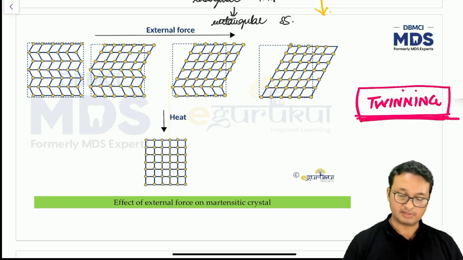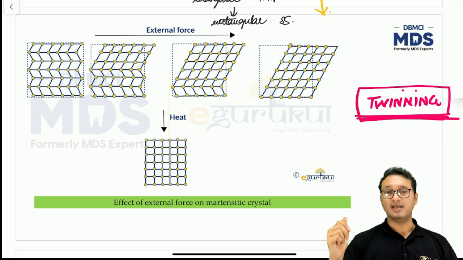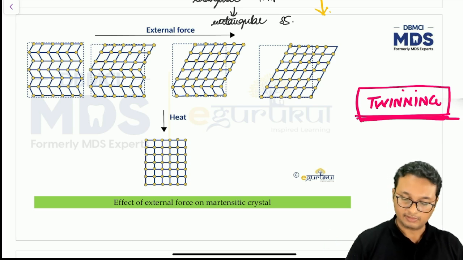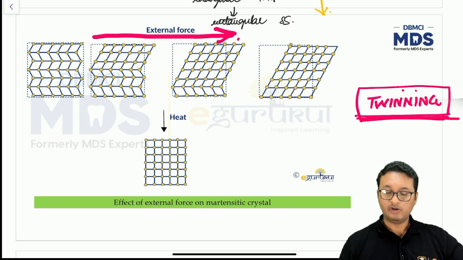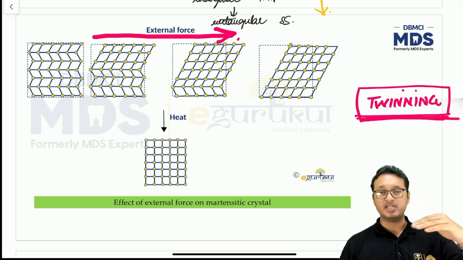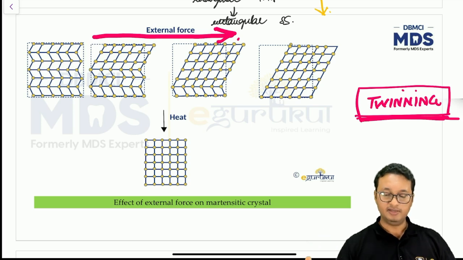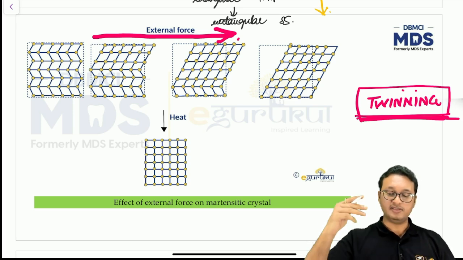Whenever an external force acts on the austenitic nitinol, in the direction of the arrow, you can observe that the top layer of the molecules change their orientation in a way that changes its form.